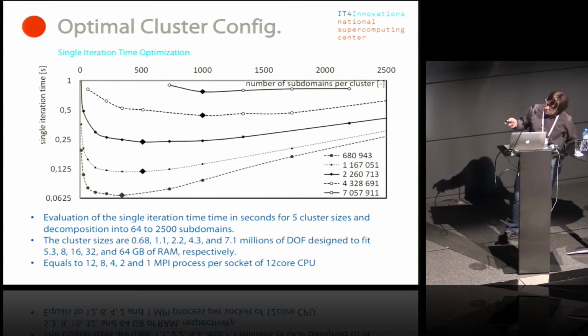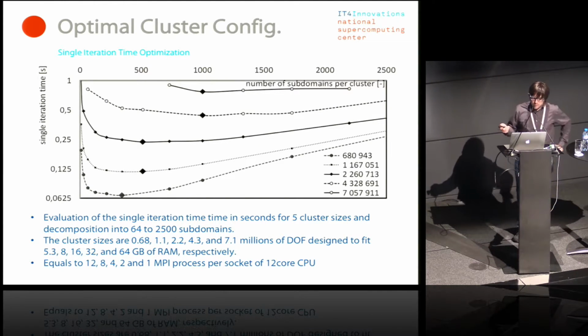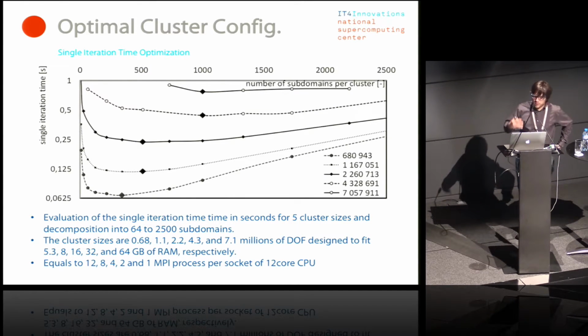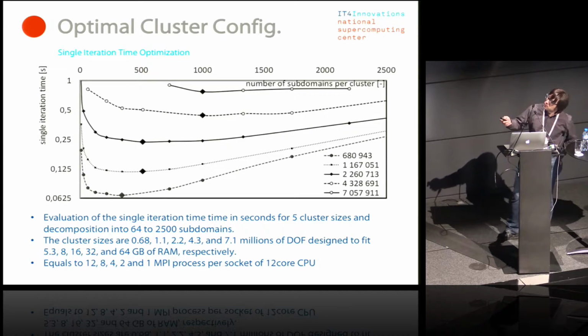It varies between, let's say, 340 for this one, and for the largest cluster, 7 million, about 1,000 subdomains per cluster. So this is the range that we get for clusters of different sizes, depending on how big clusters we want to use.